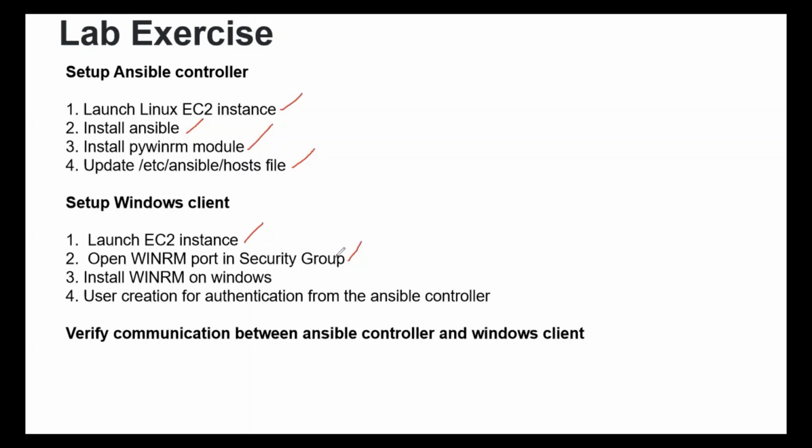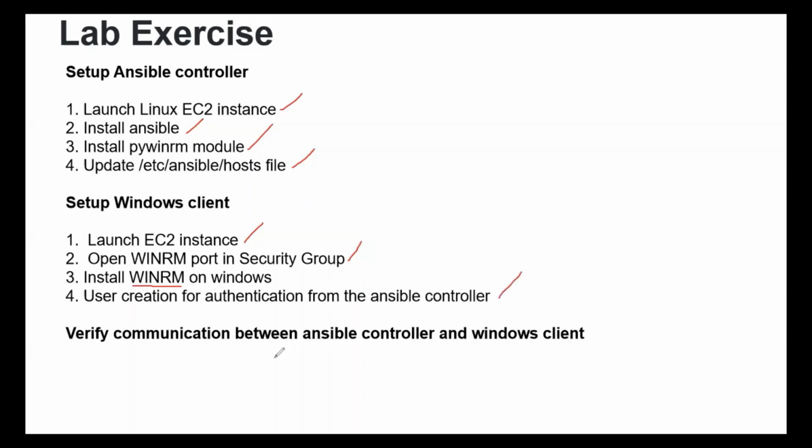So once we open the port in the security group, then we need to install the WinRM component on Windows, which we'll be doing via a PowerShell script. For the user authentication between the Ansible controller and the Windows client, we need to create one user on the Windows machine so that the authentication is enabled between the Ansible controller and the Windows machine.